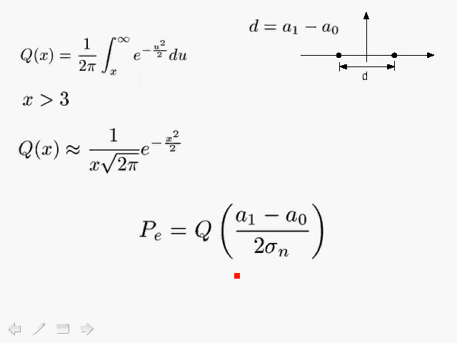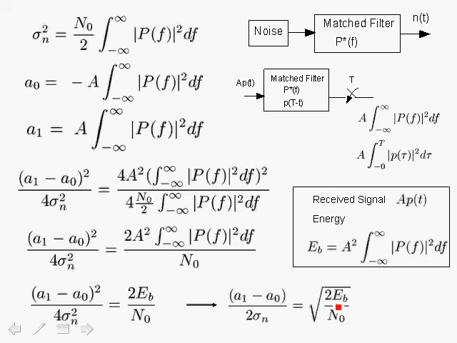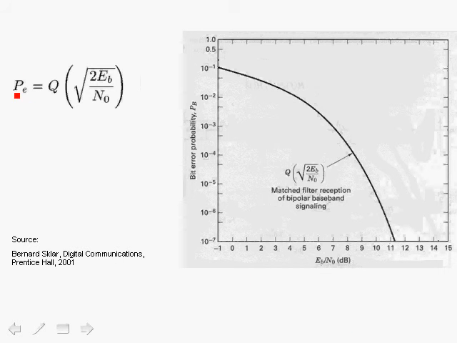So if we go back to the expression for the probability of error, then we can express the probability of error in terms of Eb over N0, the square root of 2Eb over N0. Now I know that you've been patient and we worked through the math, and you might have to go back and forth between the diagrams in order to validate and check the results.